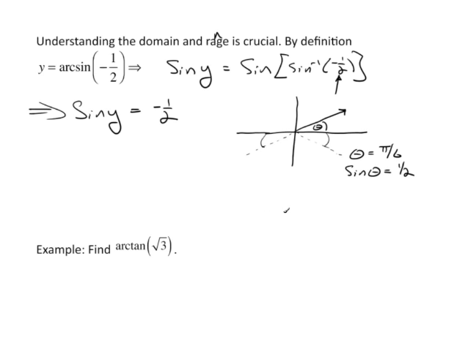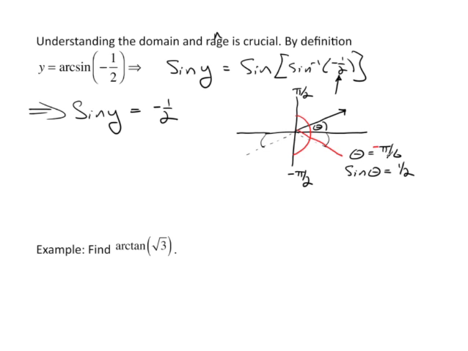But now I need to think about the restricted domain of sine to begin with. Remember, the restricted domain of sine was negative pi over 2, so in this direction, negative pi over 2, up to pi over 2. So I'm restricted to angles in here. That tells me the only solution is this angle right here, which is theta equals negative pi over 6.